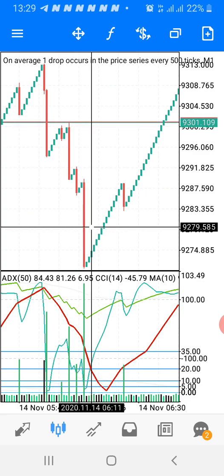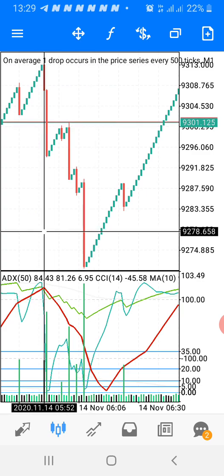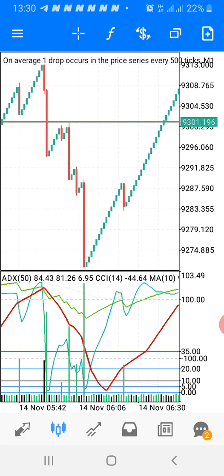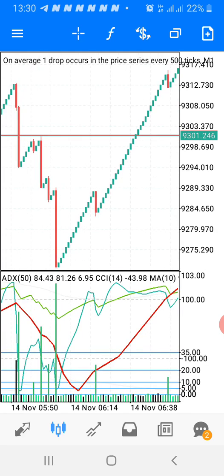You see, you expect another spike, and this is it. So this is how to catch spikes in crash and boom.